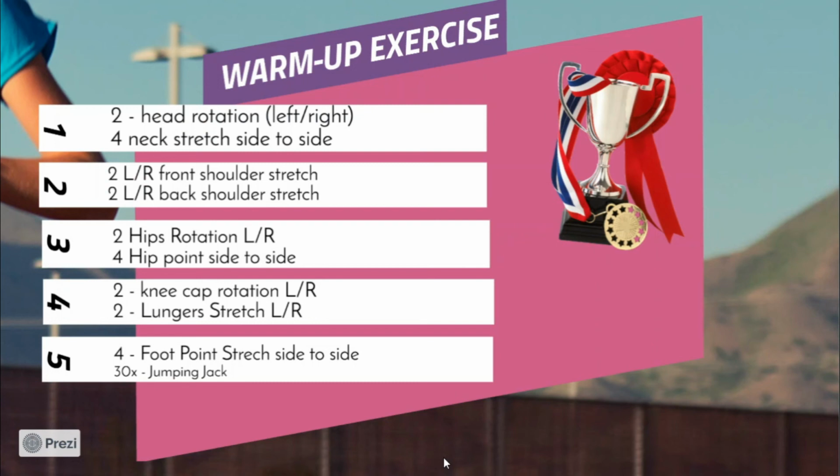For number 4, there are 2 types also: the kneecap rotation, left or right, and the lunges stretch, left or right. And for the last step of warm-up, the foot point stretch side to side, and also 30 jumping jacks.